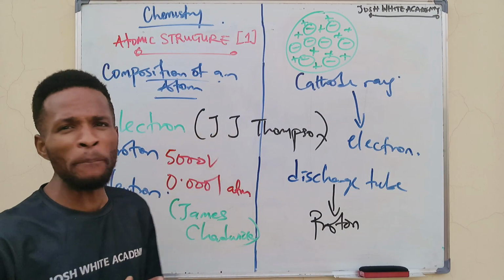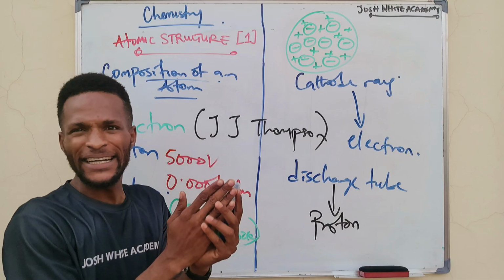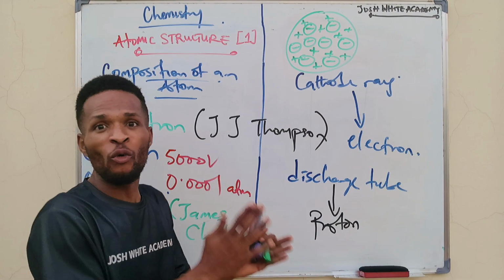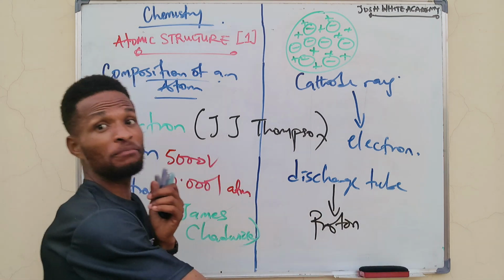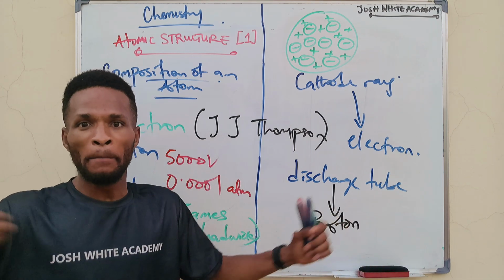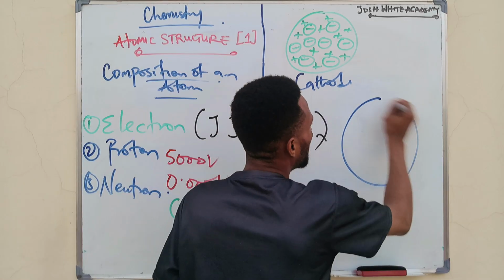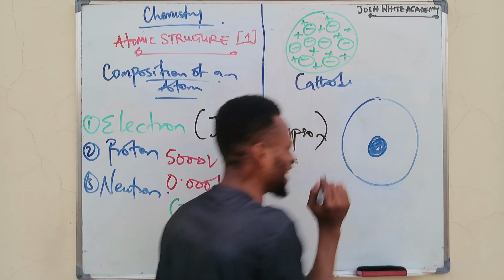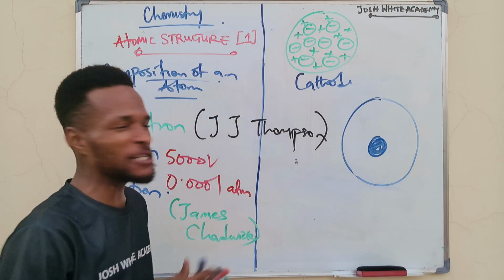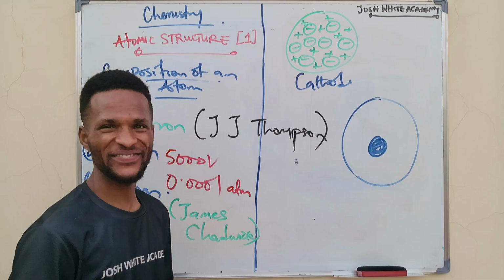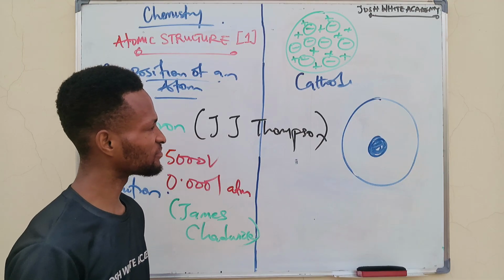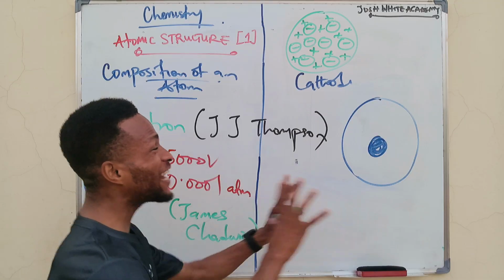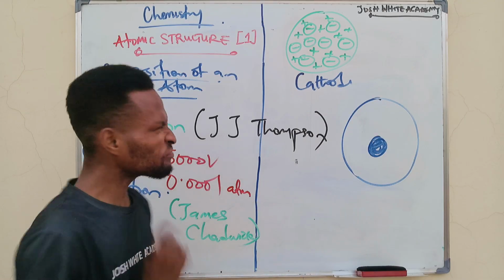So he used alpha particles to bombard that, and he noticed that some particles were deflected and some were reflected back, meaning that the atom has a large empty space with a centrally placed dense nucleus which is positively charged. And this became the basis of the nuclear model of an atom.